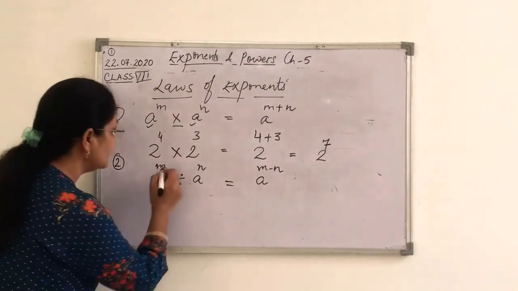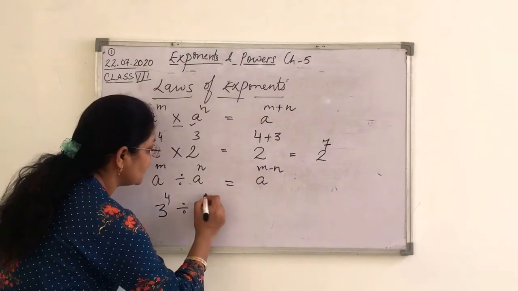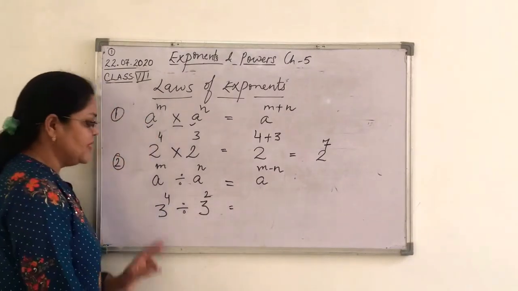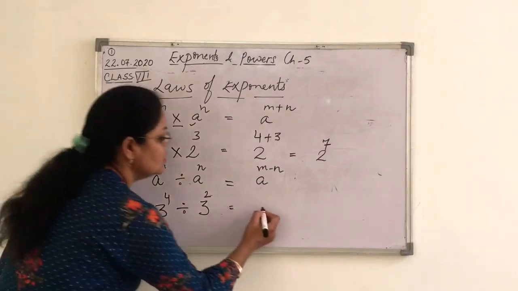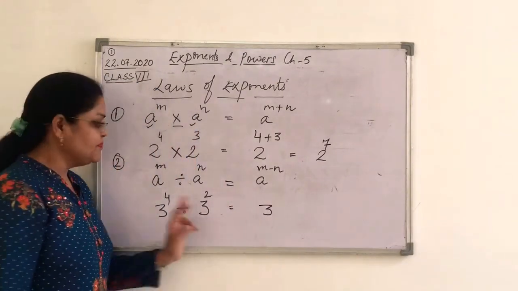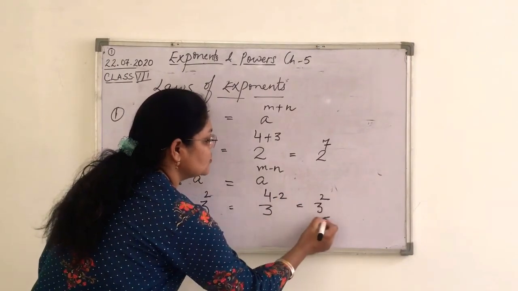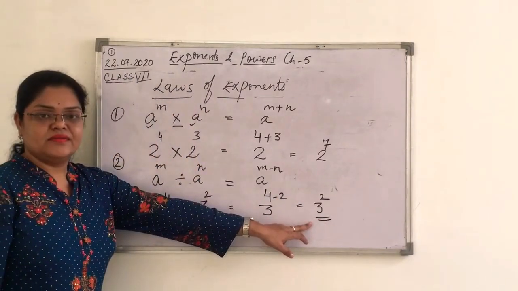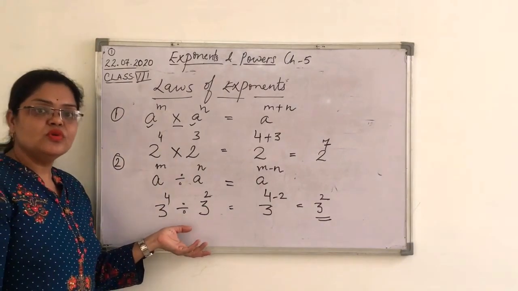Let's take an example: 3 raised to power 4 divided by 3 raised to power 2. The bases are the same and there is a division sign in between. So we write 3 as it is and subtract the powers. So the answer is 3 raised to power 2. Is it clear? So we have discussed 2 laws.